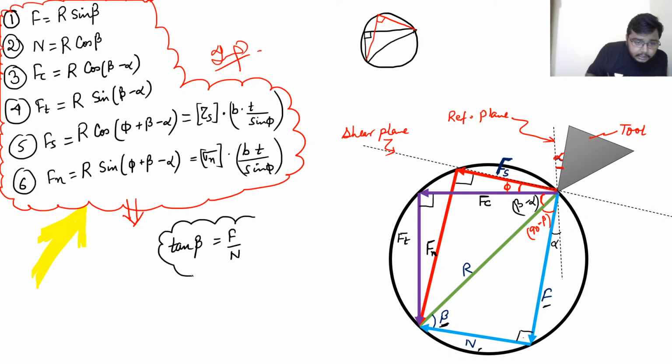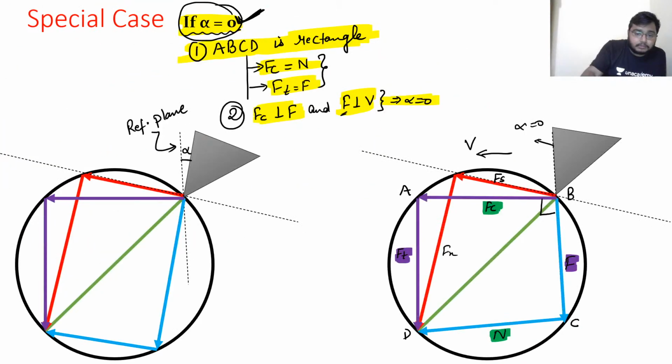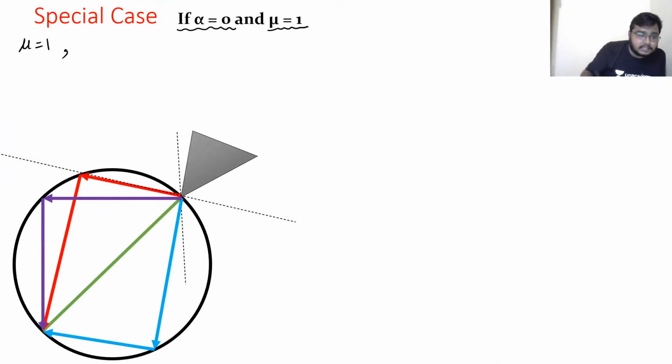Tan beta is equal to F by N, right? So from this relation, what we can see here, if mu is equal to 1, right? So mu is equal to tan beta is equal to F by N.